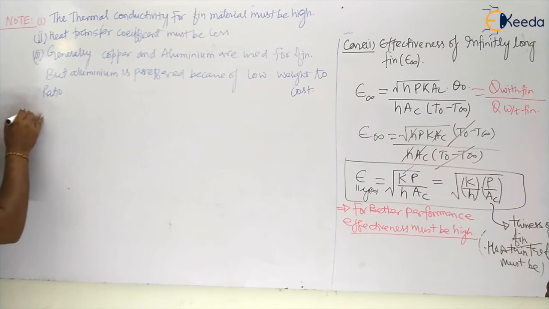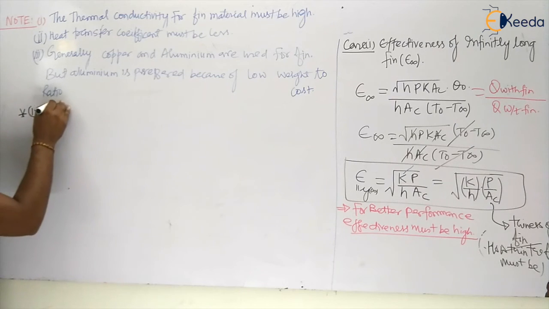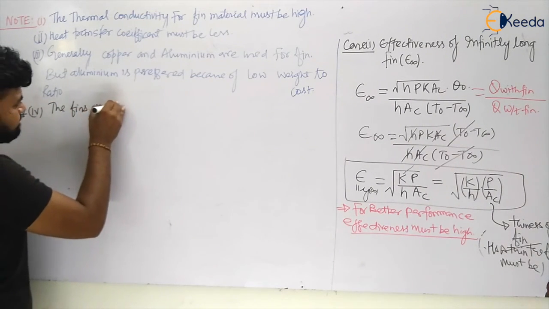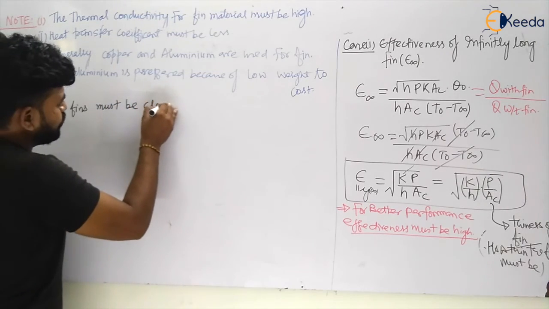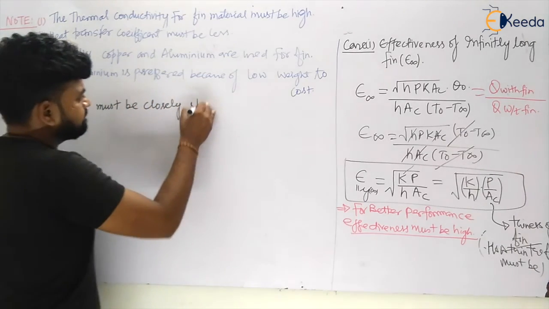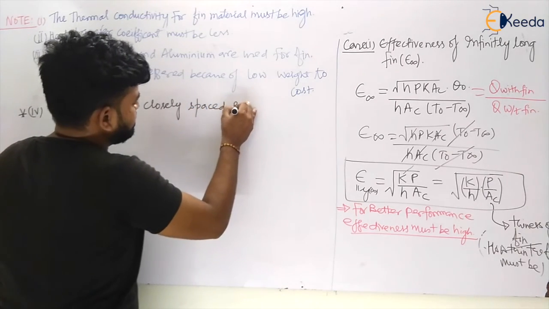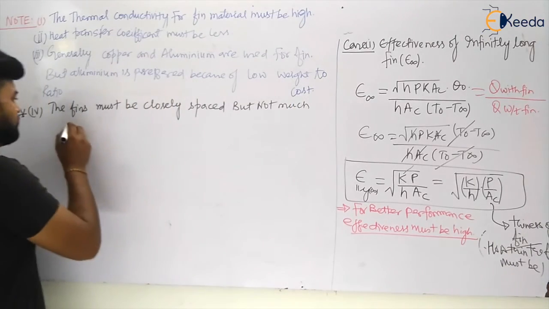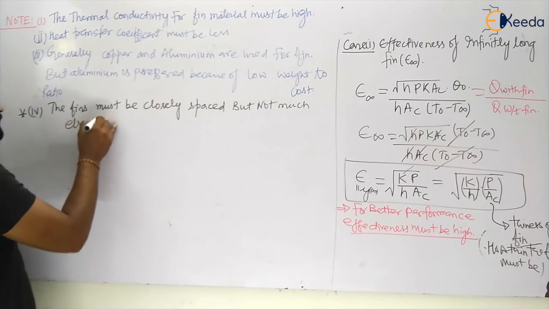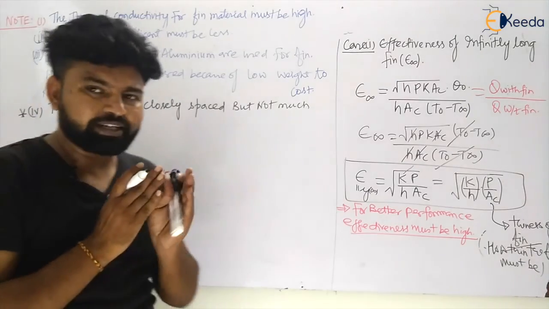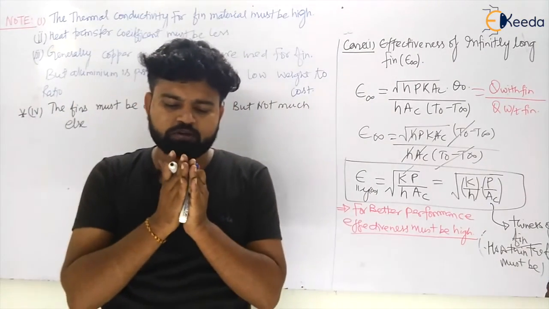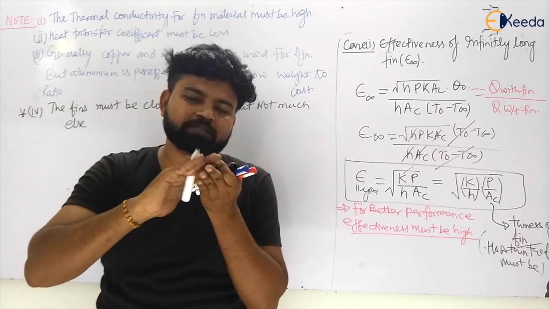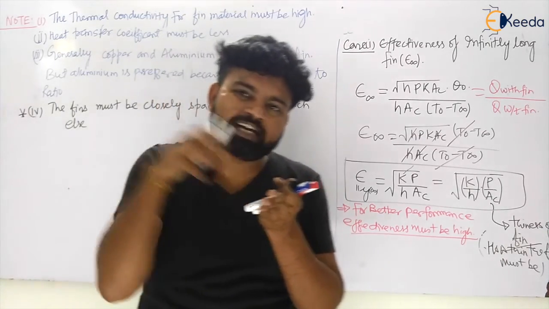And the last one, which will be the most important, the fourth one: the fins must be closely spaced, but not too much. Else, if you use fins too closely, there will not be any space to transfer air and take heat by convection.